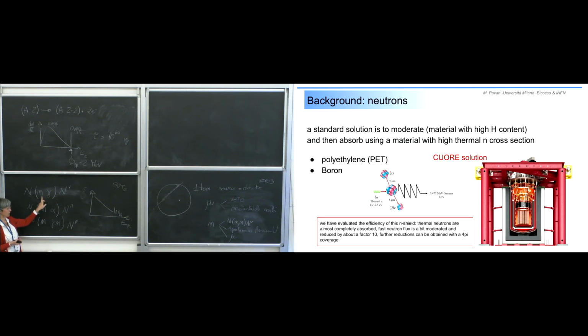For example, we have nuclei that can capture neutrons with a very high cross-section but produce a lot of gammas. Boron is very good because yes, it produces some gammas, but at very low energy. They are not dangerous for my experiment.